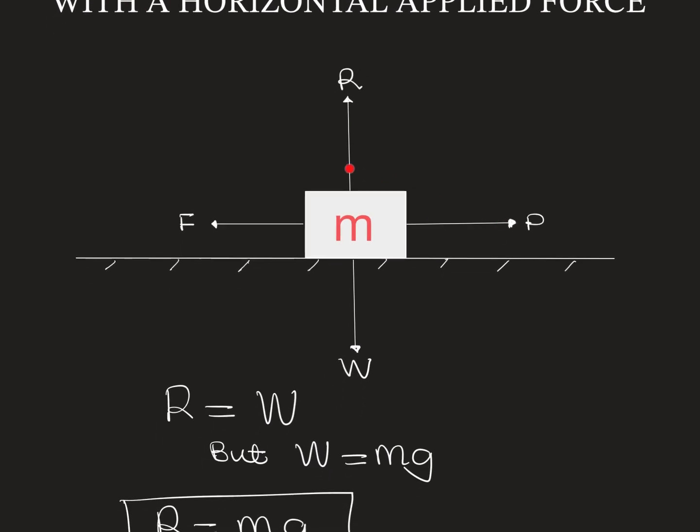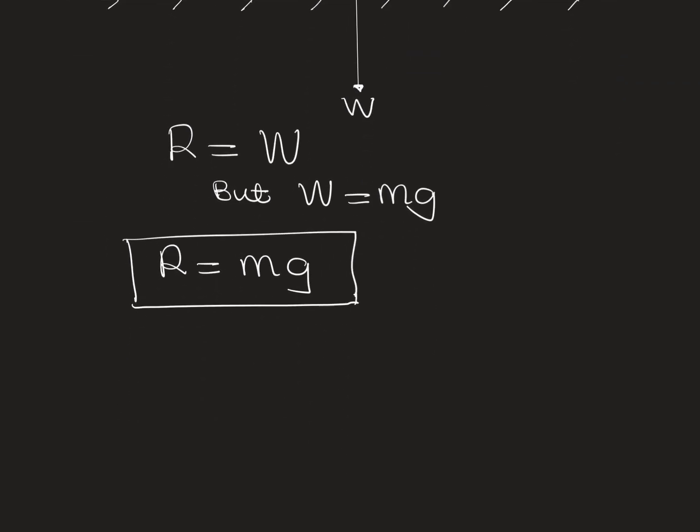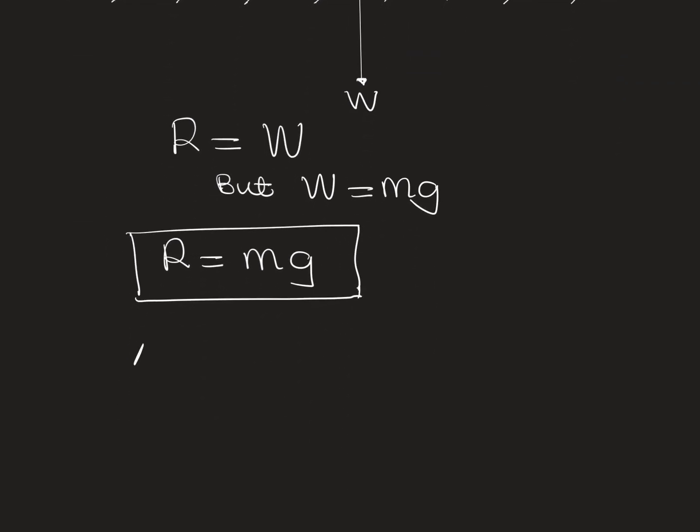So this body, if it is at rest, it is in limiting equilibrium. So if it is not moving, it means that the net force is zero, okay? So if the net force is zero, it means that the applied force and the frictional force are equal, all right? So let me write that condition.